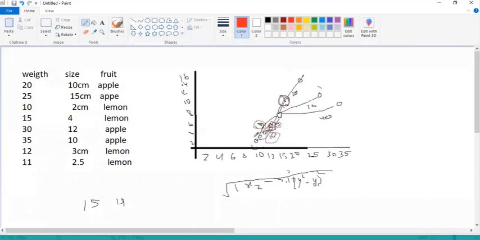Now tell me to which side the majority of points are lying. It's down. So that means the new data point is considered as lemon. Understood, guys, how the KNN works? Did you understand how the KNN works?